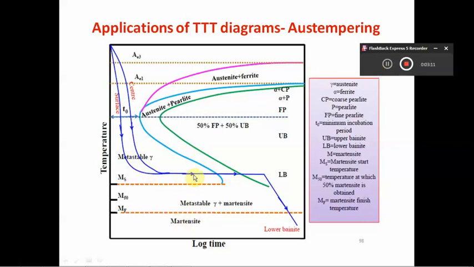Because of constant holding, austenite is transformed into bainitic structure. Also the dimensional stability of the component is more due to the absence of retained austenite, because the austenite to bainite transformation has finished to 100%.